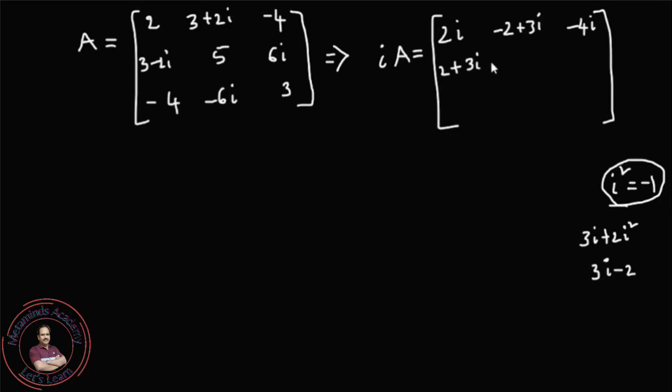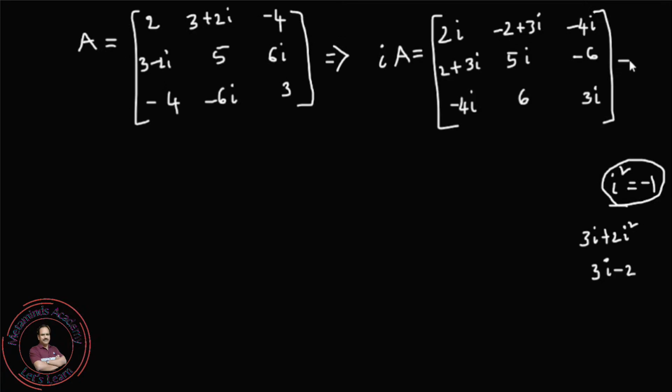You multiply and you can check. So 5 into i is 5i. 6i square is minus 6. Minus 4i. Minus 6i square is 6. And 3i. So this is the matrix iA.